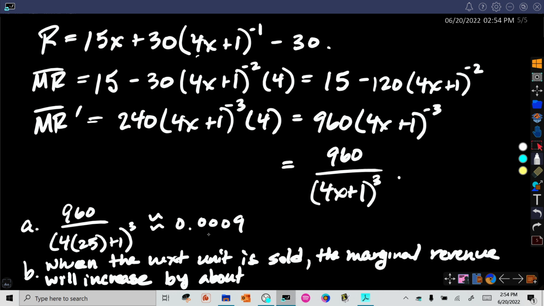So in other words, if you think about this, this is going to be roughly 0.90 cents.